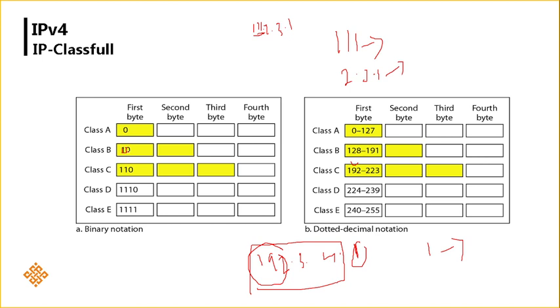If the next bit is 0, it is class B. If it is 1, you don't say it is class C immediately, because it may even be class D, so you should see the next bit, and so on. It depends.